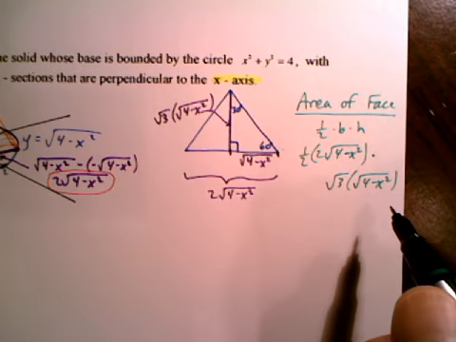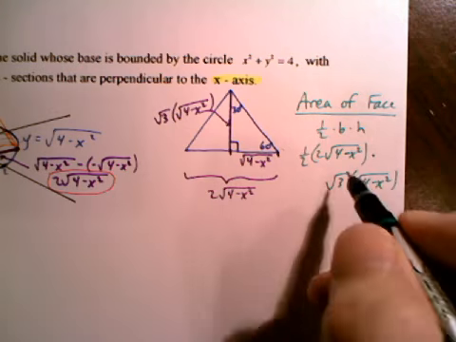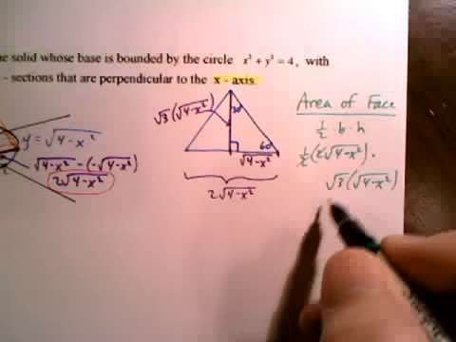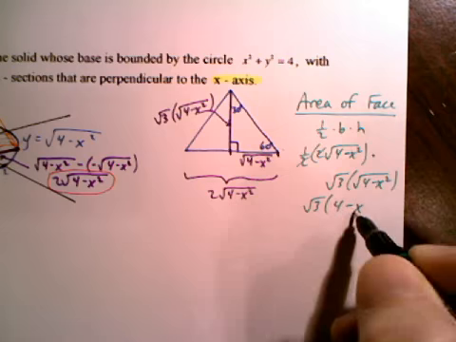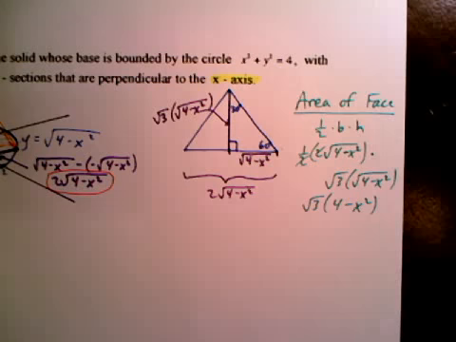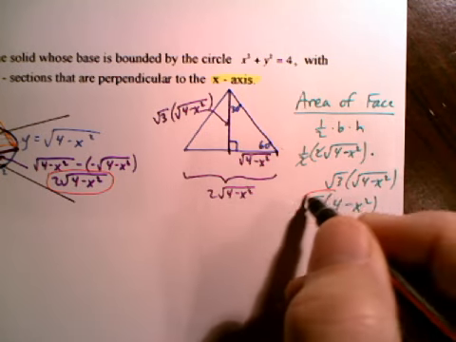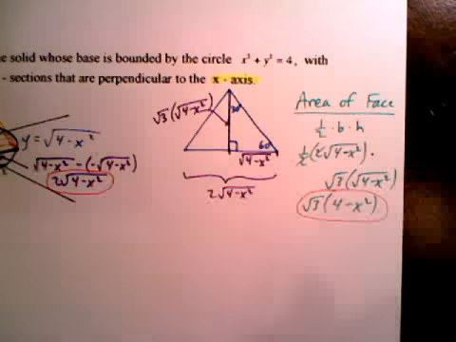Cleaning that up a little bit, the 2's cancel and we get radical 3 times, and then we have 2 radicals that have the same thing inside. So right there is the area of our face. Hardest part of the problem. And now we're ready to find our total volume.